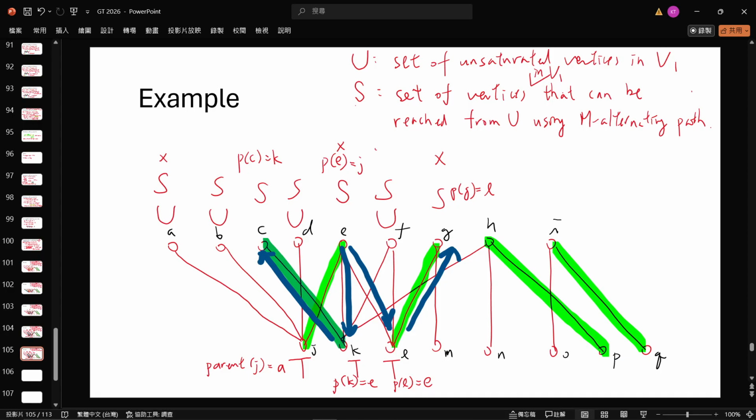Actually, there's no constraint. But obviously, if you want to find a shorter augmenting path, you may want to follow BFS to make sure that the augmenting path is short. But anyway, because I know that if I choose G next, then I can finish the algorithm earlier, I'm going to choose G.